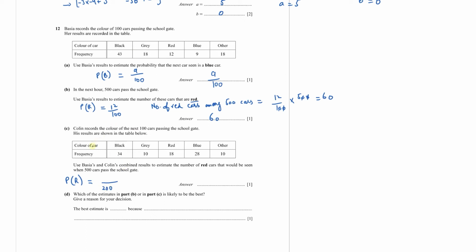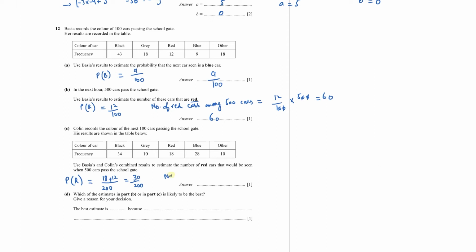And what is the combined number of red cars that they saw? So Colin saw 18 and Bessia saw 12. So this is 18 plus 12, which is 30 over 200. So now you have the probability of red, and we can use the same technique that we used in the previous part.